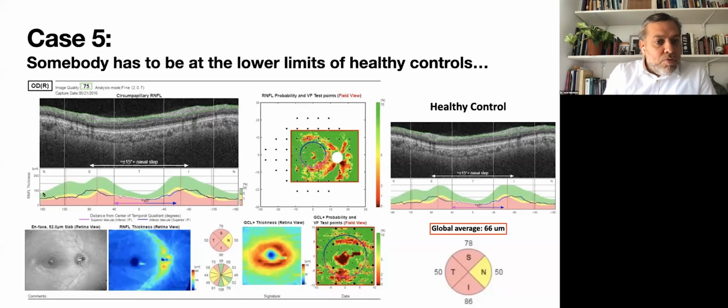But it does have the regular double hump sign, it's thicker on the superior and the inferior quadrant. And when you see here, it looks like there is some RNFL missing, but if it's due to glaucoma, there should be something missing here, and there is nothing missing there.